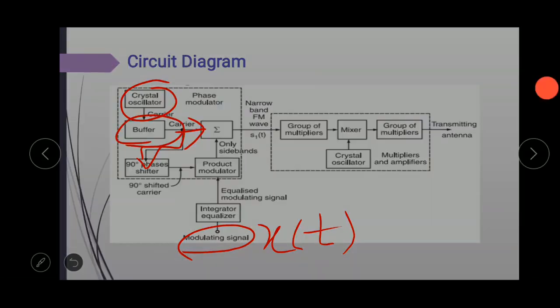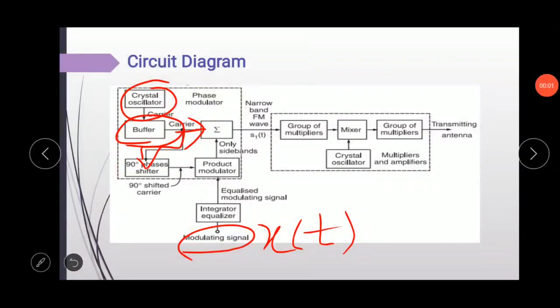So we can say the carrier used for modulation is 90 degrees shifted with respect to the original carrier, because the output of this 90-degree phase shifter is applied to the product modulator. At the output of the product modulator, we get a DSB-SC signal.